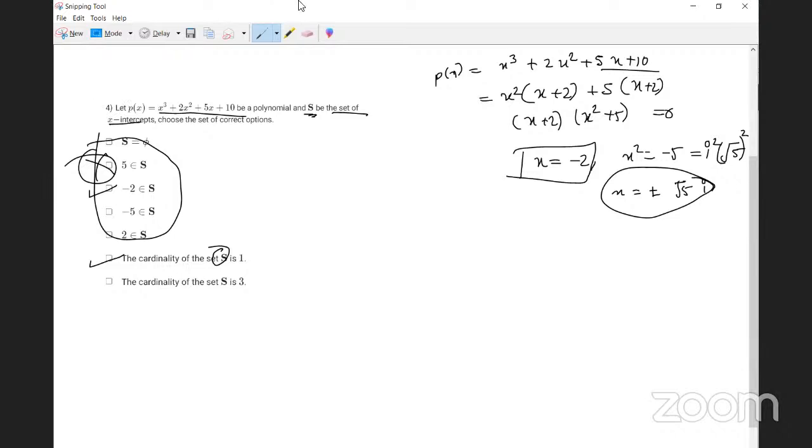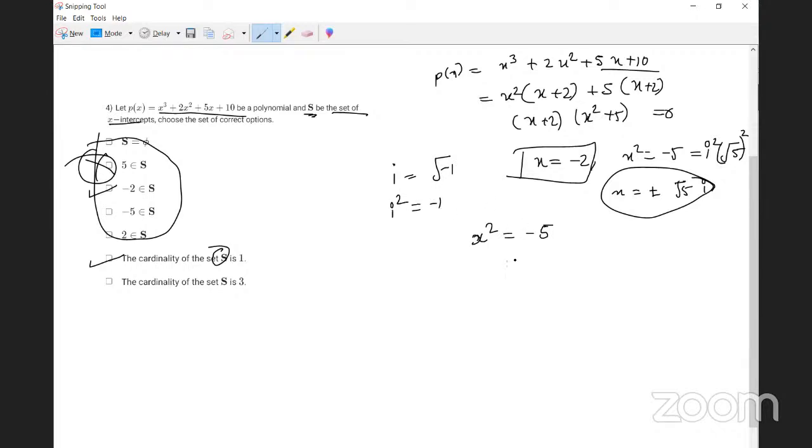Sir, where are we adding i over here? X square is equal to minus 5. I understand that, but why the i? I is a complex number, equal to the square root of minus 1. So what is i square here? Minus 1, right?